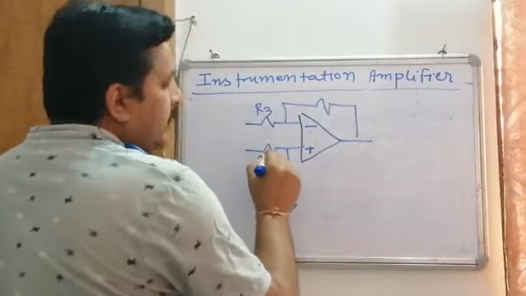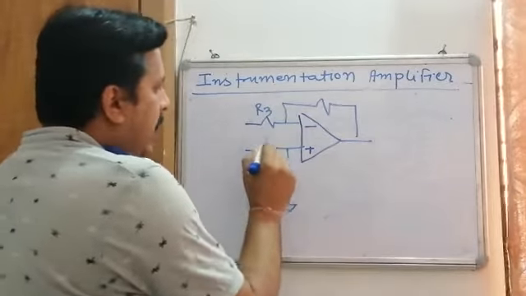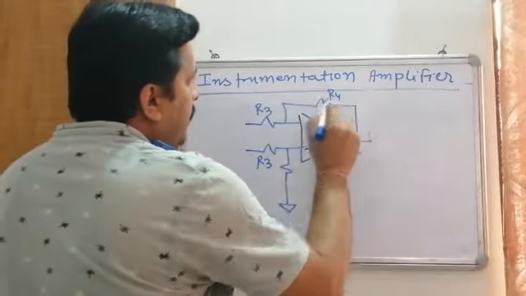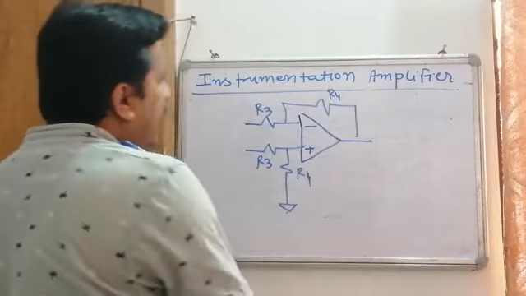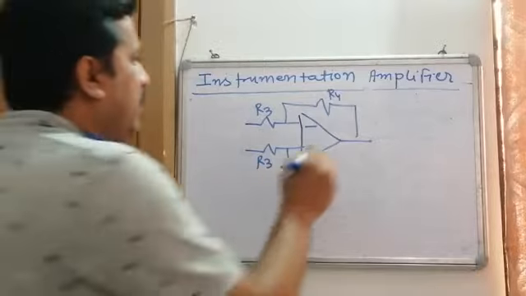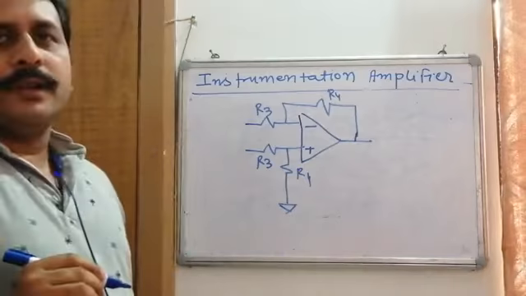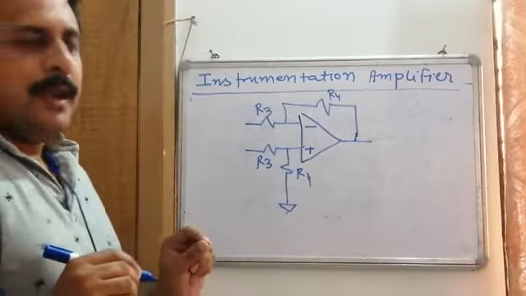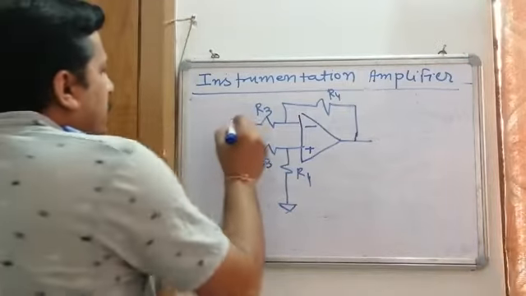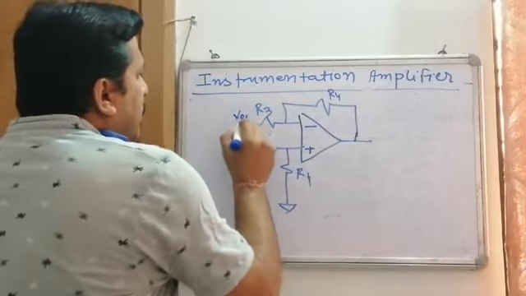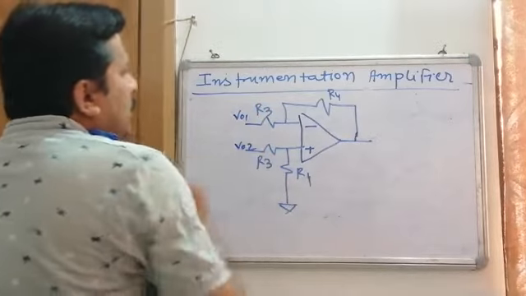If this is R3, this resistance should also be R3, and if this is R4, this resistance should also be R4. We know that this is a difference amplifier and its input resistance is 2R3. And here we have applied input voltages V01 and V02.